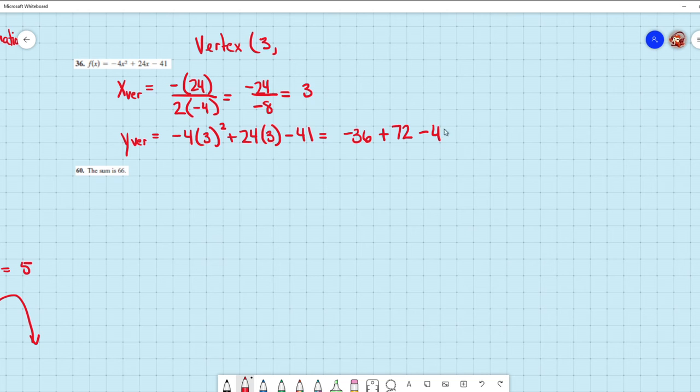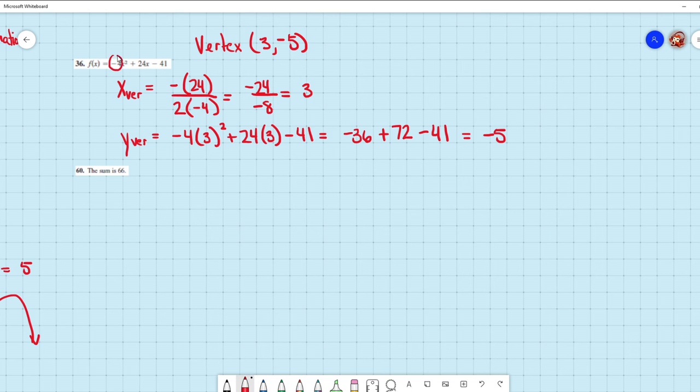And then a minus 41. So here we have -77 and a positive 72. Oops, I'm sorry, that was incorrect. So that's going to be -5. That's my vertex. So 3 comma -5.